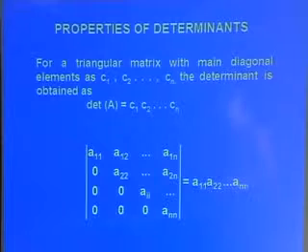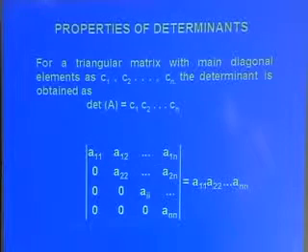The proof is simple. We consider this A, and we can expand this determinant along the first column. So we will have a11 multiplied by this minor, plus 0 multiplied by its corresponding minor, which will not contribute anything, and 0 multiplied by this minor will not contribute anything. So we will have only a11 multiplied by this minor.